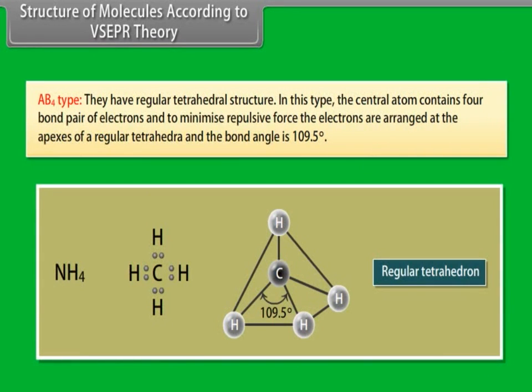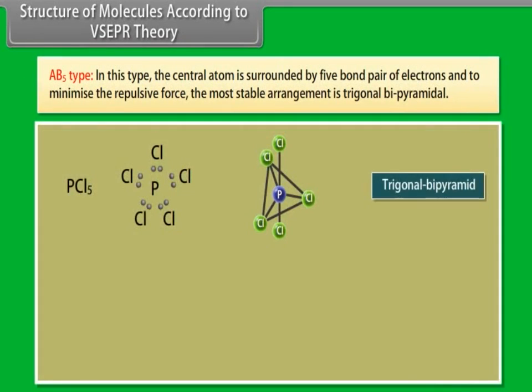AB4 type. They have regular tetrahedral structure. In this type, the central atom contains four bond pair of electrons, and to minimize repulsive force, the electrons are arranged at the apexes of a regular tetrahedra, and the bond angle is 109.5 degree. AB5 type.